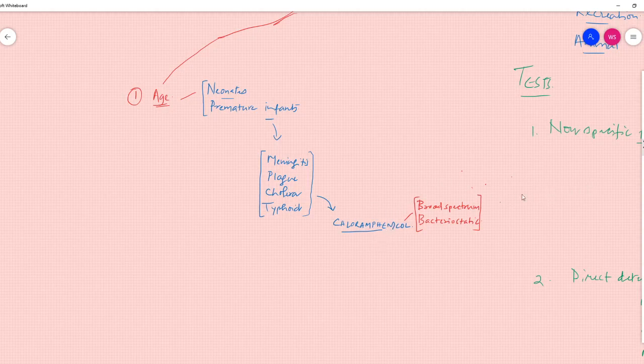Okay, so what's the mechanism of action? The mechanism of action is that it interferes with protein synthesis. Okay, so it inhibits, what's that enzyme? Peptidyl transferase.